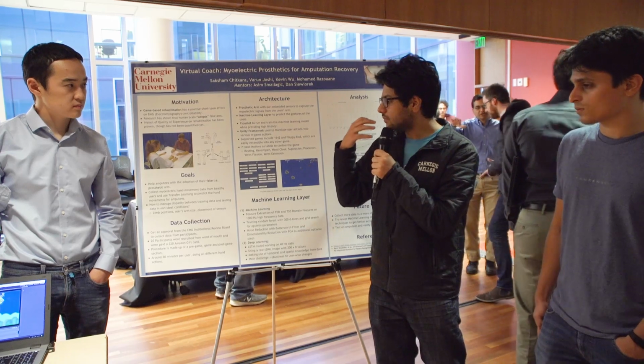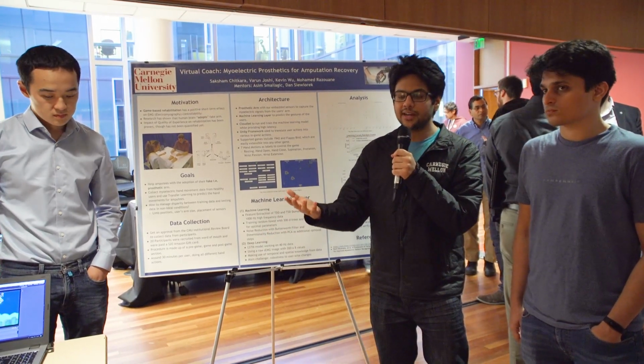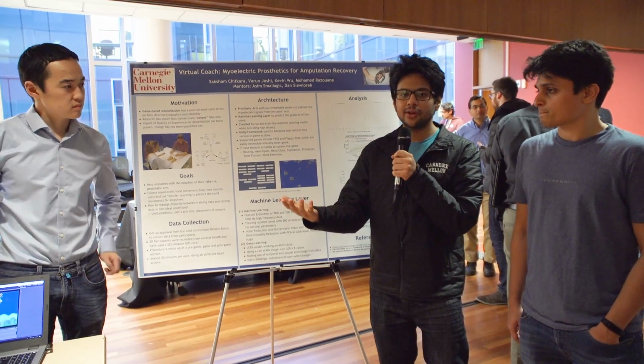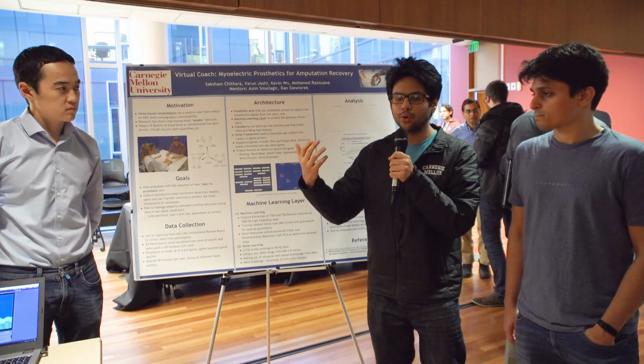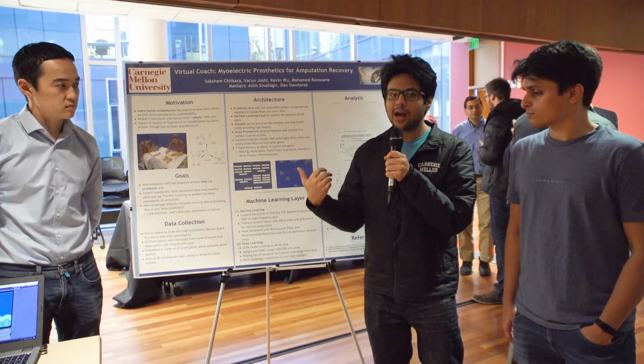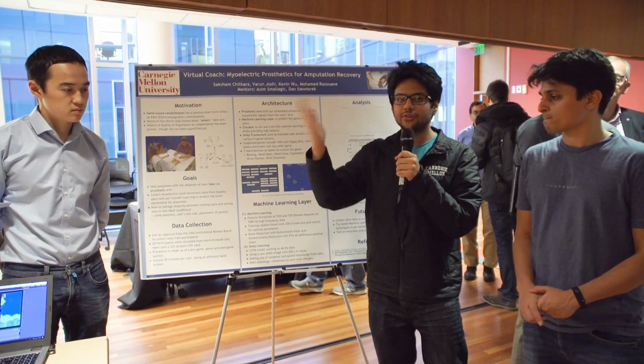What happens when you're sending signals to your arm is that the brain sends myoelectric signals which go through your arm, and then you are able to control your wrists and make all the gestures that you want.